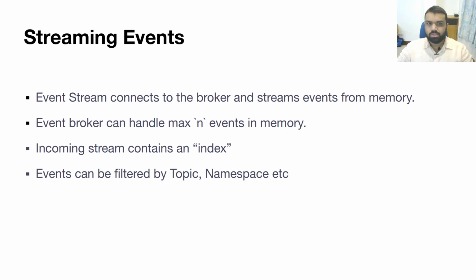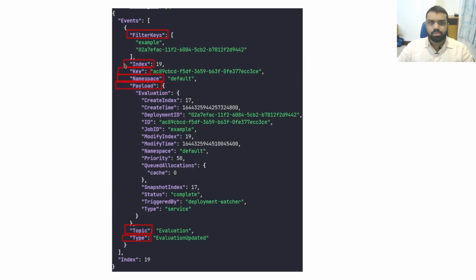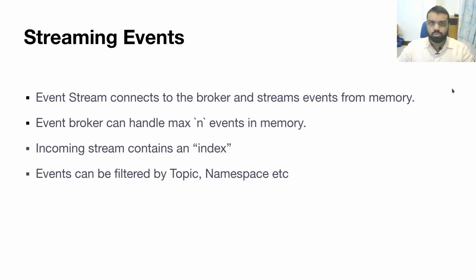In the previous slide, you also saw that there is a key called index, and this is a unique index associated with each event. So this acts like an offset. Imagine you have a consumer which is consuming these events, and suddenly the consumer's connectivity breaks and it stops consuming.